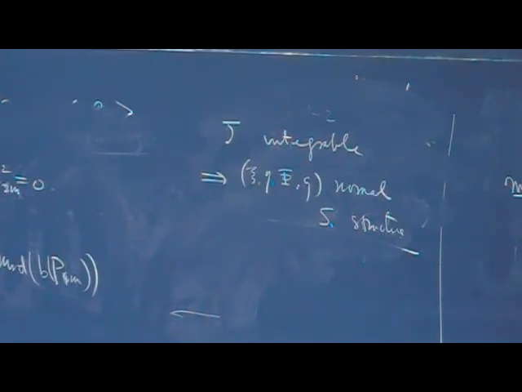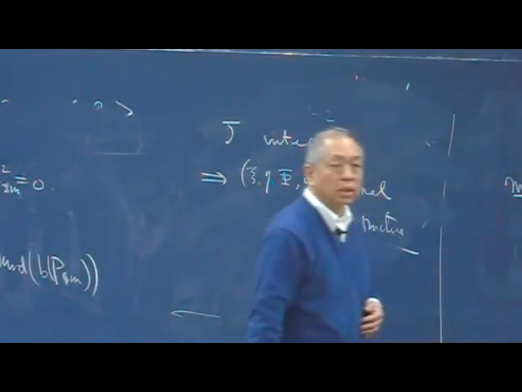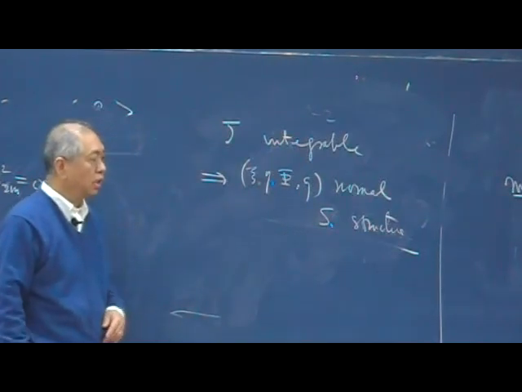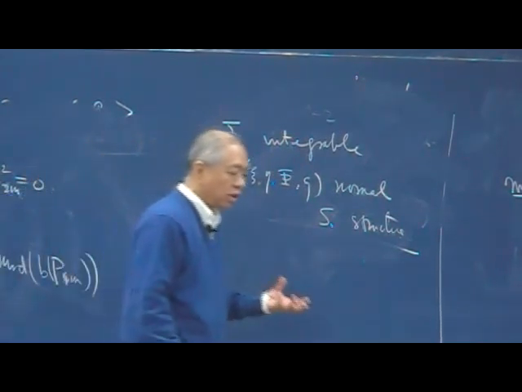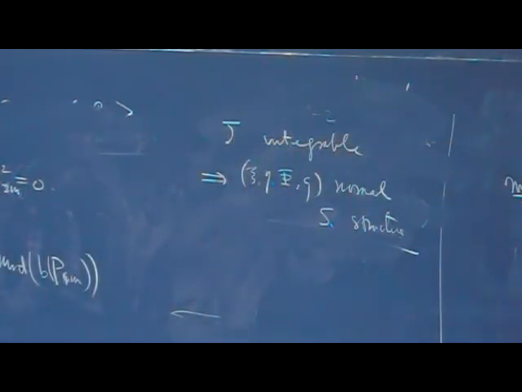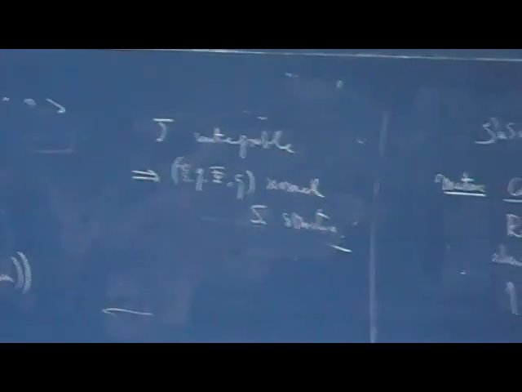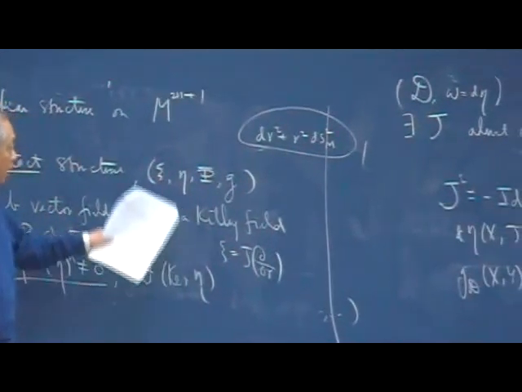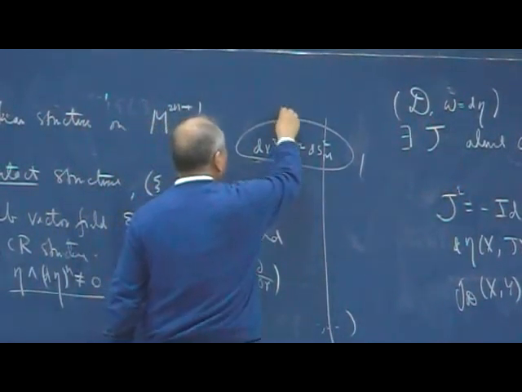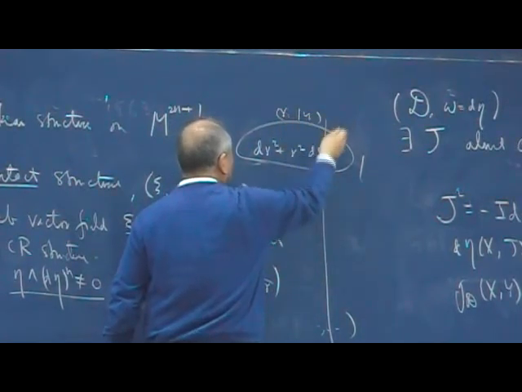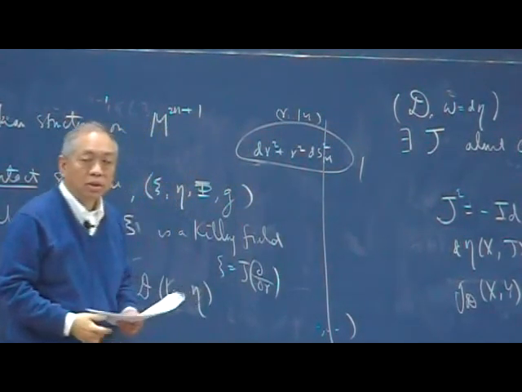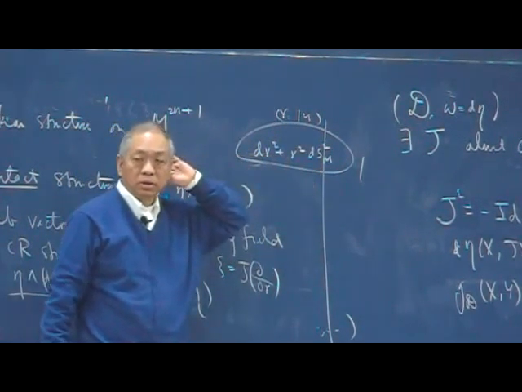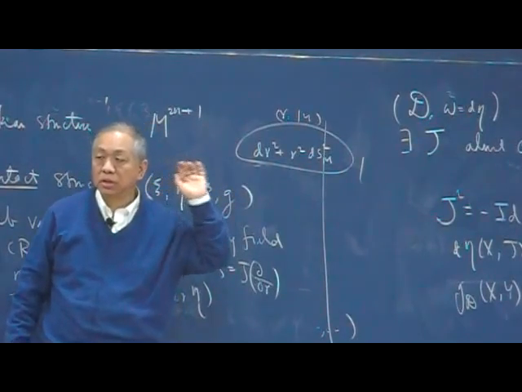So you can declare it abstractly: you have an odd dimensional manifold, and you get a metric on the odd dimensional manifold. And you add R as a new coordinate, and together they define a complex manifold. And you get a Kahler metric here.